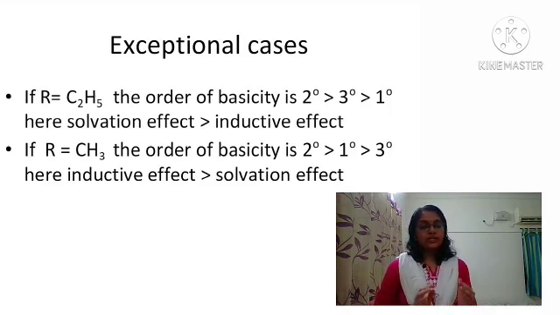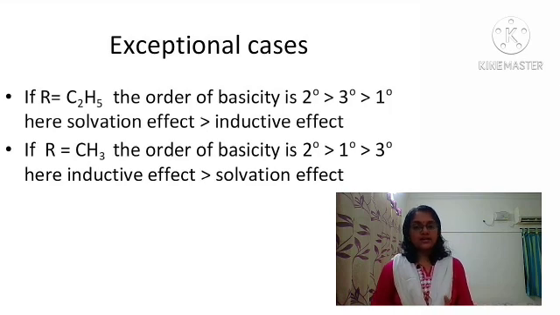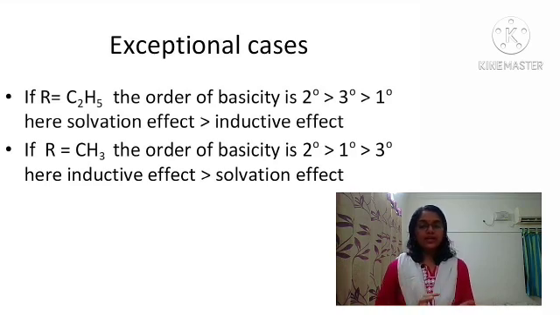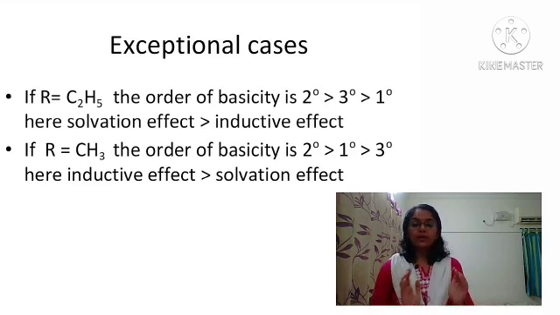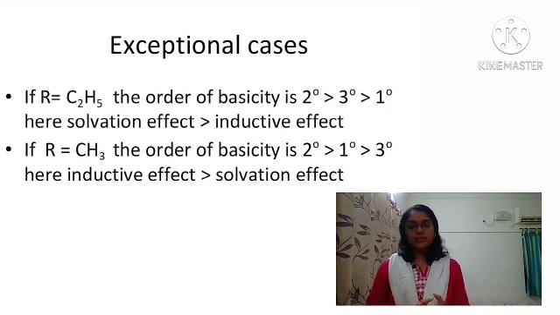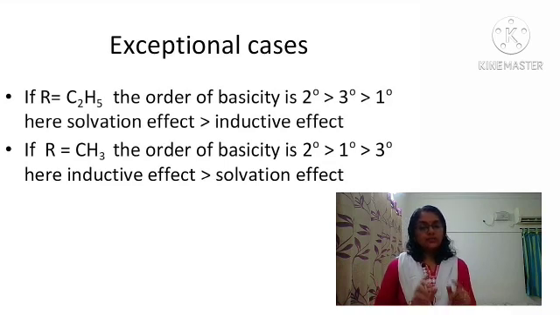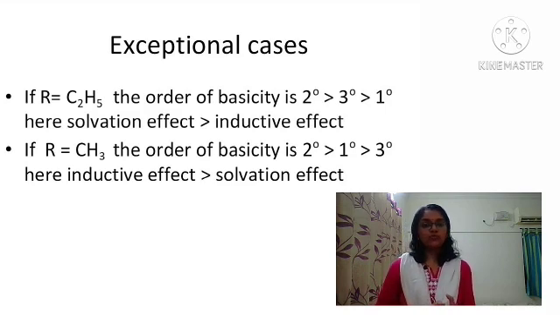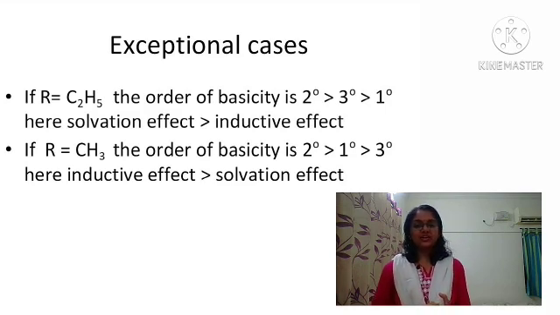Moreover, the methyl group is very small in size, so the inductive effect is maximum. So secondary will be more basic, then primary, and out of primary and tertiary, primary methylamine will be more basic than tertiary methylamine, because in primary there is more inductive effect and more availability of lone pair electrons for protonation than in the tertiary amine.